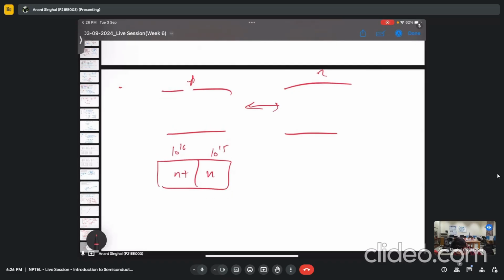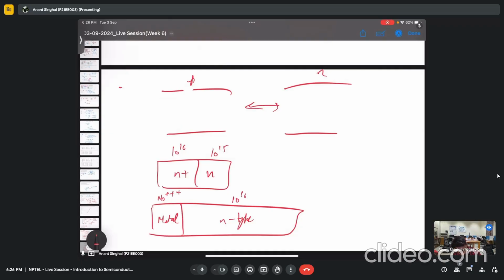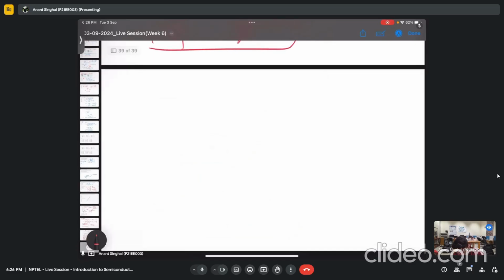And then ultimately we went to metal to N type. Metal has a very high ND, to N type, which is, let's say, 10 to the 16 in general order. So this is how the flow is going. We went from a single doped wire to the PN contact, then different types of isotype contact, then from metal to N type.